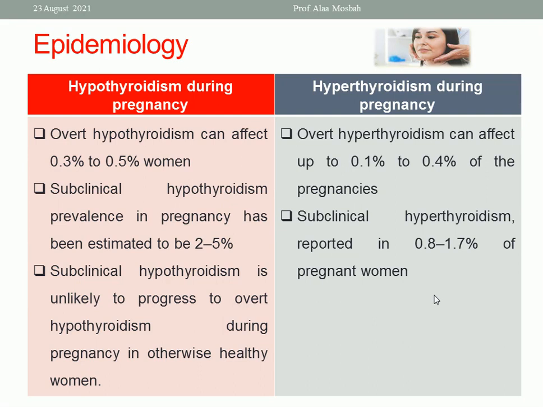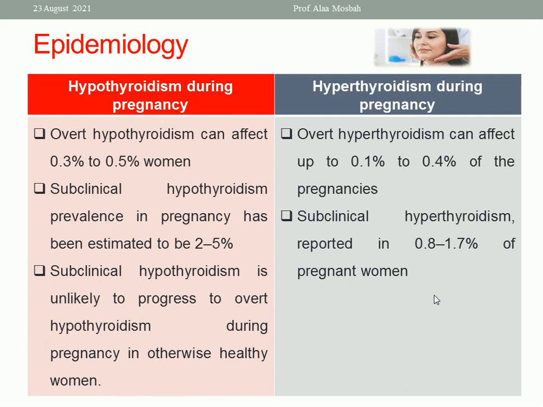So let us start the epidemiology for hypo and hyperthyroidism. As regards hypothyroidism, overt hypothyroidism can affect 0.3 to 0.5% of women. Subclinical hypothyroidism prevalence in pregnancy is estimated to be 2 to 5%, so it is more common than overt hypothyroidism.